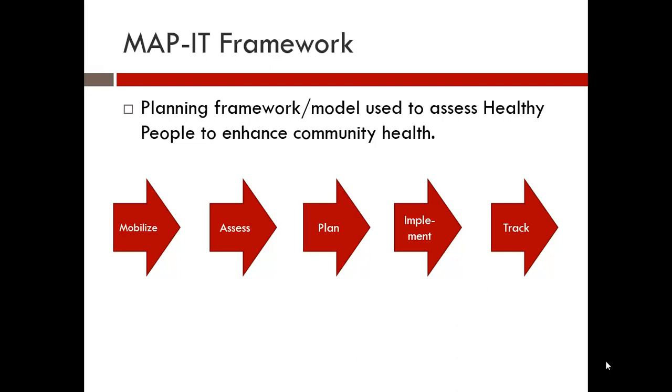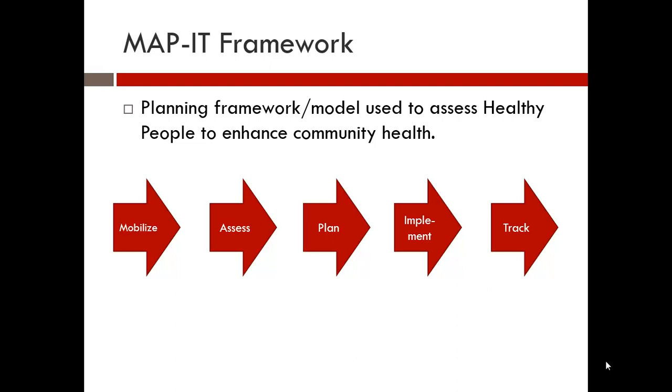The second arrow is to assess. And again, we're talking about assessing needs, assessing assets, assessing resources. So really to assess. So we go from mobilize to assess. The next step or the next arrow is to plan. So plan for a change, plan for the health program. The fourth step, or the fourth arrow, is to implement. Now run it.